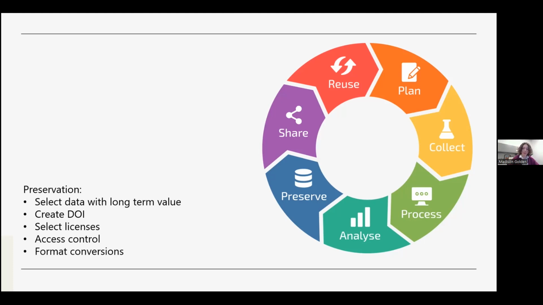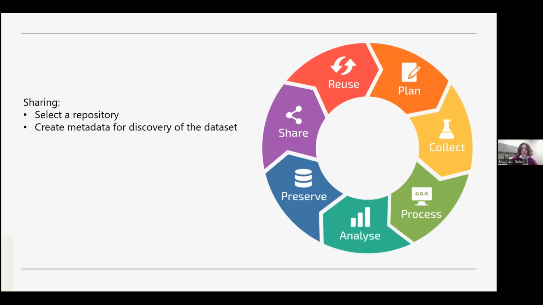So then sharing, like I said before, if you were in a position where you had a funder or a publisher, or worked in a lab that did, selecting a repository for that data can be a little bit of a tricky process that we support a lot of researchers on.